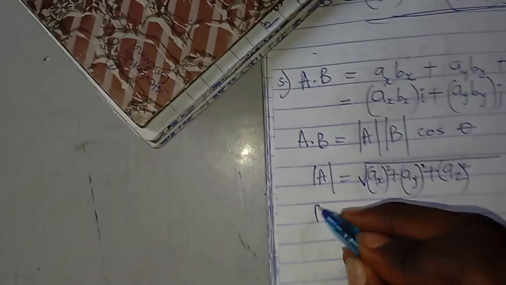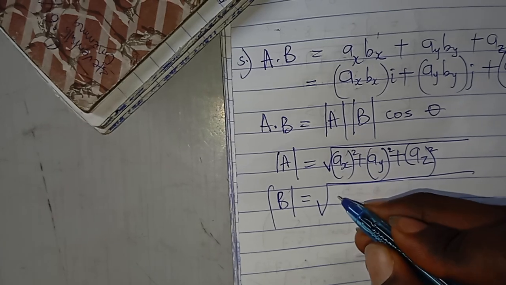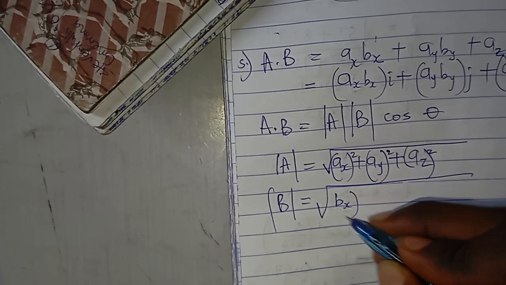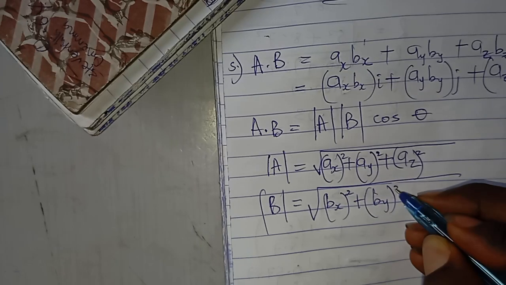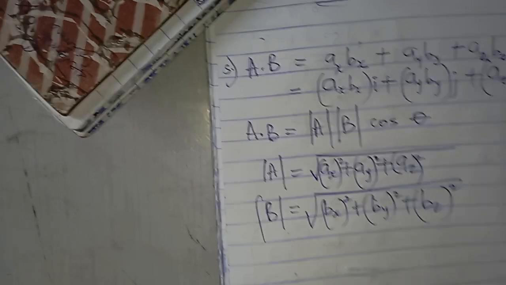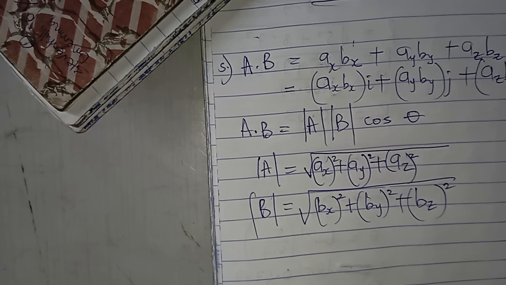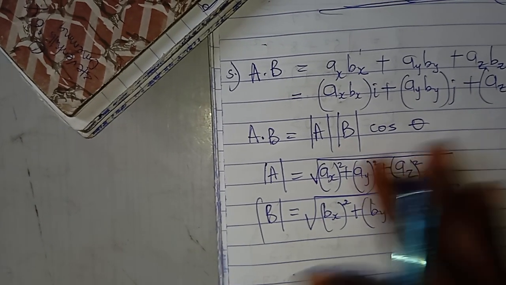While magnitude of B is the square root of BX square plus BY square plus BZ square. So by the time I get this, I multiply the two.